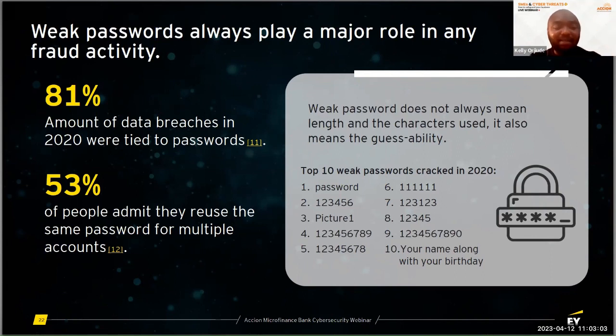You can scan the internet, or go to a lot of applications. Usernames are out there. They are not hard to come by. I can make a word list of multiple usernames or email addresses and automate something that you call brute forcing. Brute forcing is where you try to guess passwords. And that happens when you have weak passwords, like we have on the right, showing top 10 weak passwords cracked in 2020. It's very easy.